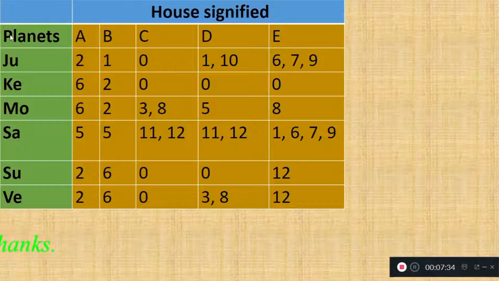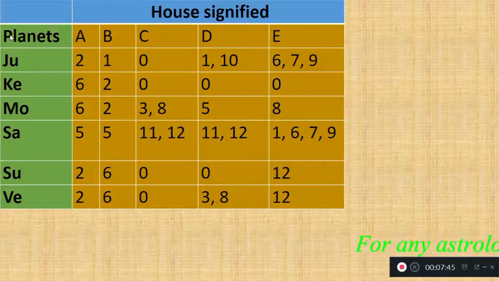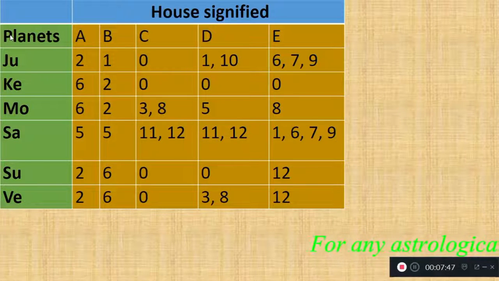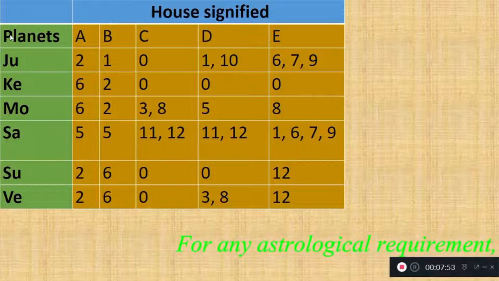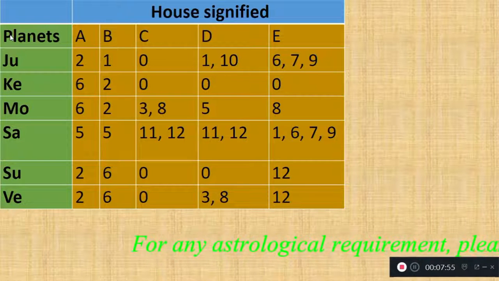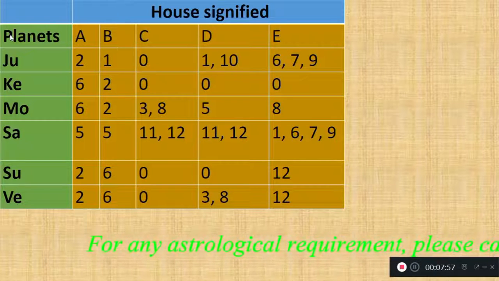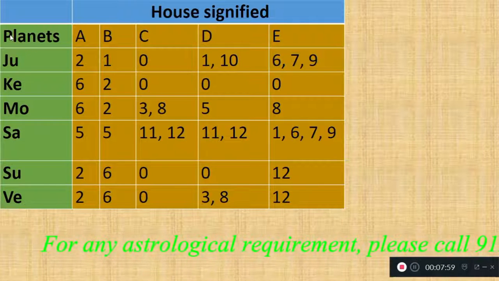Jupiter signifies second, ascendant, 10th, 6th, 7th and 9th. Ketu signifies 6th, 2nd. Moon signifies 6th, 2nd, 3rd, 8th, 5th and 8th.